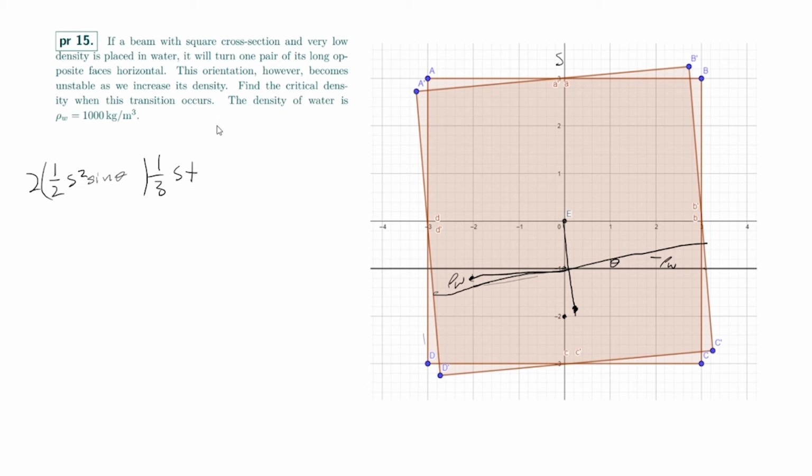So we need to add that to, and we need that to be equal to the mass of this rectangle times this deviation here. And the mass of this rectangle is approximately just this rectangle that's underwater from the start.